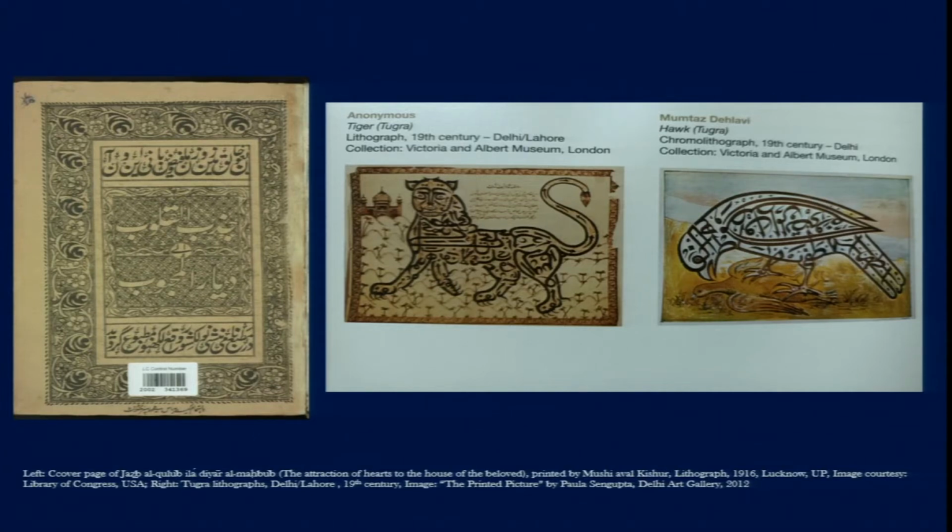And the one here in the right corner of the screen, we have this hawk by Mumtaz Dehelvi, and perhaps that means that it was printed in Delhi. This is a particular Tugra lithograph that we see, and it is a chromolithograph.